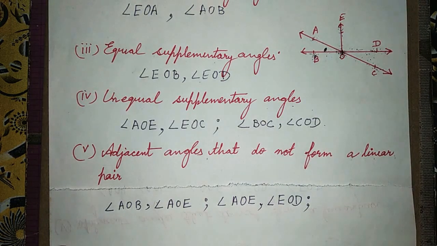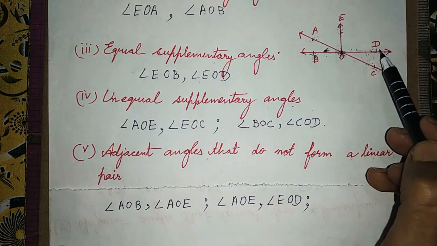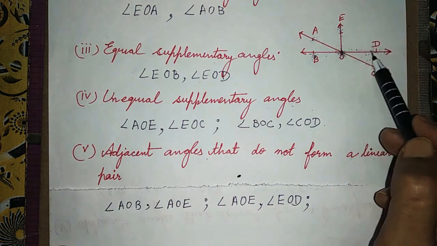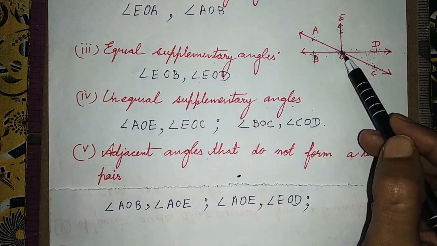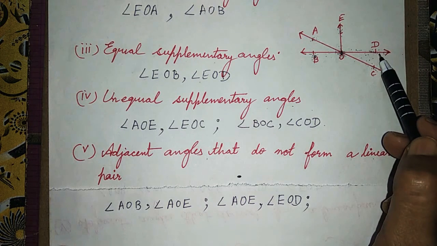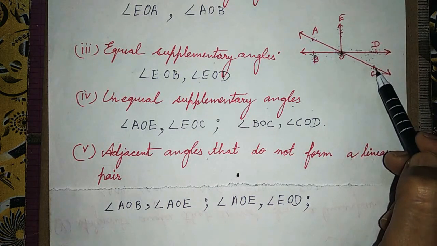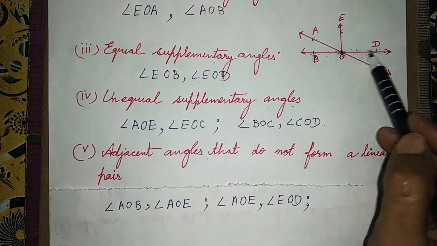Now one more pair you can take here. Angle EOD and angle DOC. They both are adjacent because they also have a common vertex, common arm OD, two non-common arms OE and OC, on both sides of this common arm.